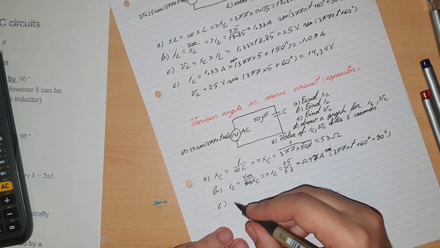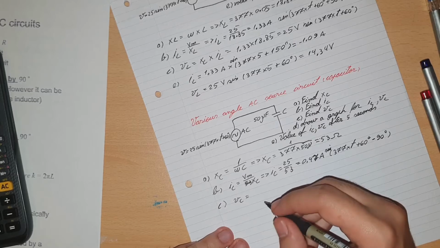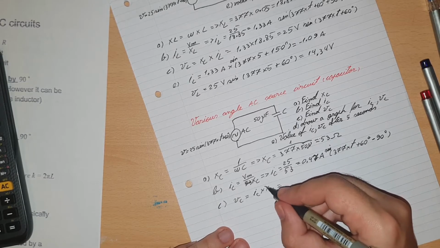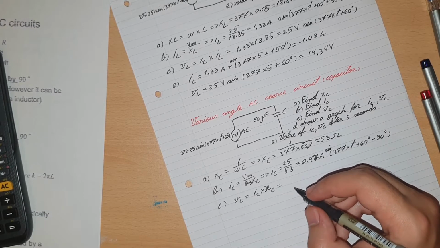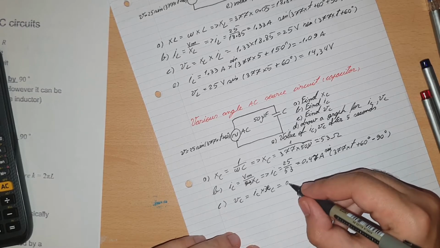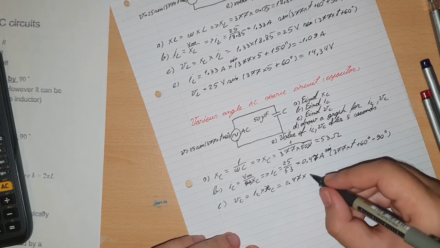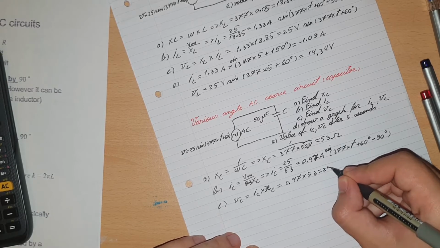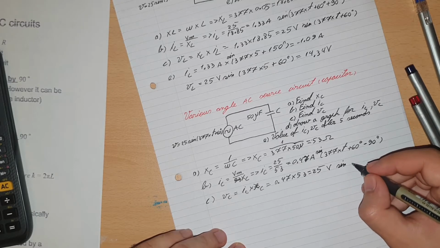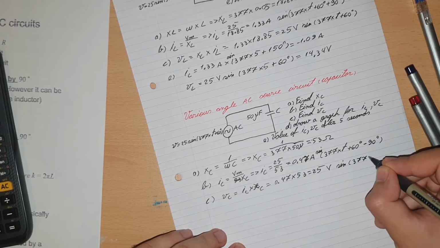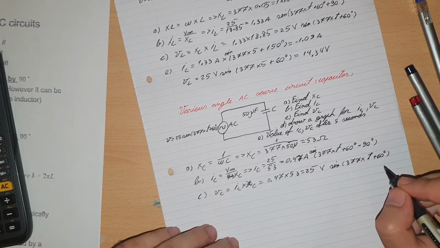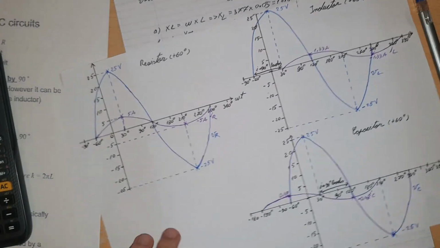Oh, and I forgot to do it for the voltage as well, but we already know what the answer will be. It will be IC times XC, which is 0.47 multiplied by 53. That will be equal to 25 volts, and the full form is sine of 377 times the time plus 60 degrees, because it will not change, only the current changes.